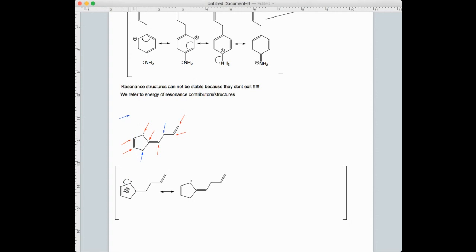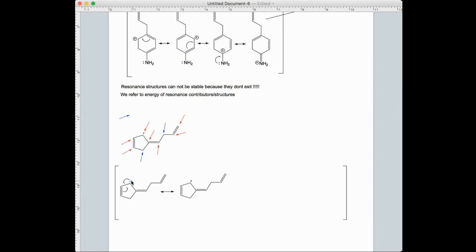So let's repeat the idea. We're going to flow the pi electrons now to generate resonance structures. Because it's a radical, we use an arrow with just one head, okay? Half an arrow, because we're indicating the flowing of one electron.